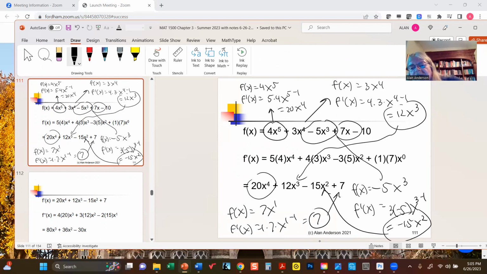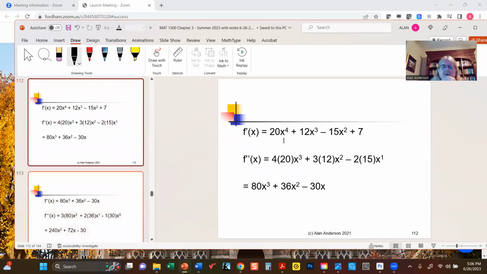To take the second derivative, we essentially just do the same thing all over again. We're just going to take the power rule 3 times, the constant rule once. So let's take a look at that. So up here, I've got the first derivative again.